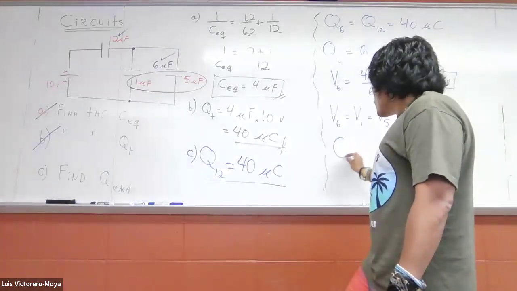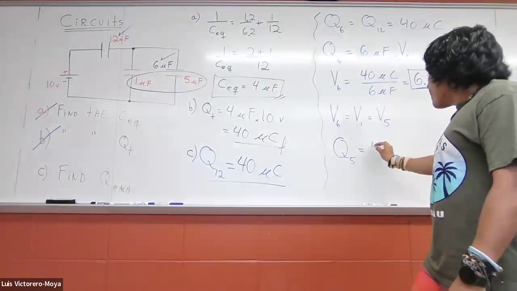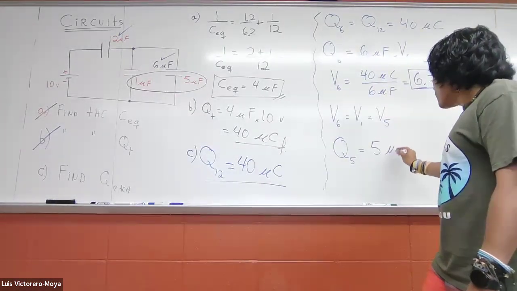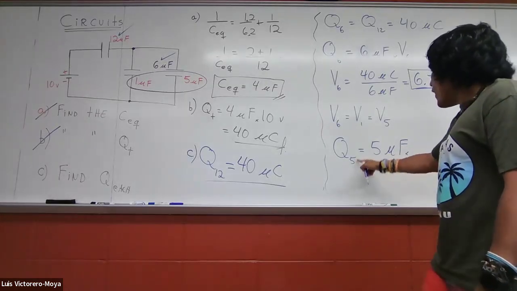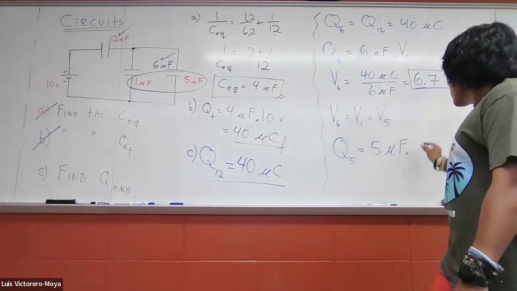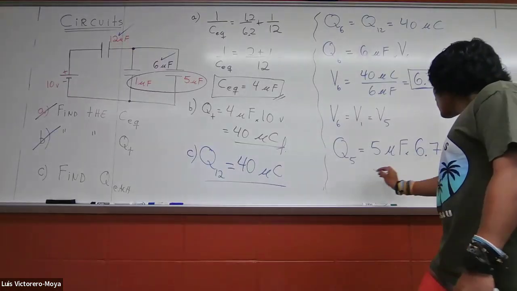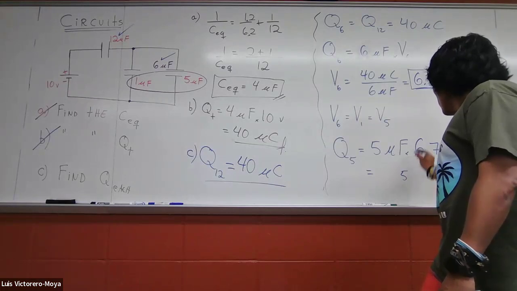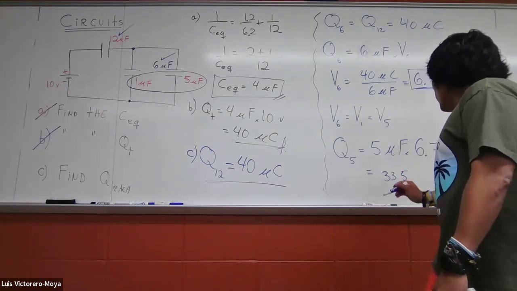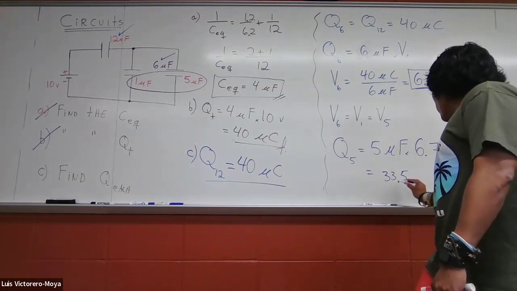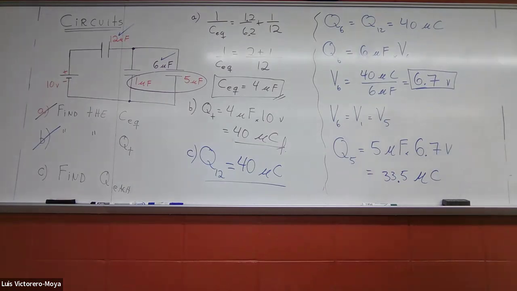So for example, the charge on 5 now is 5 microfarad times the voltage on 5, which is 33.5 microcoulombs.